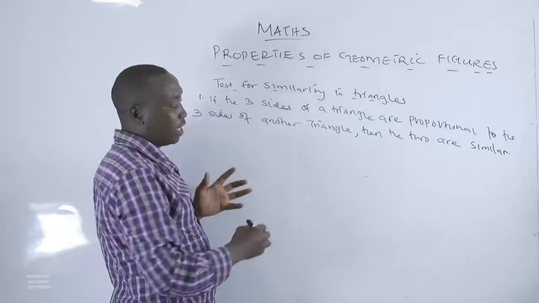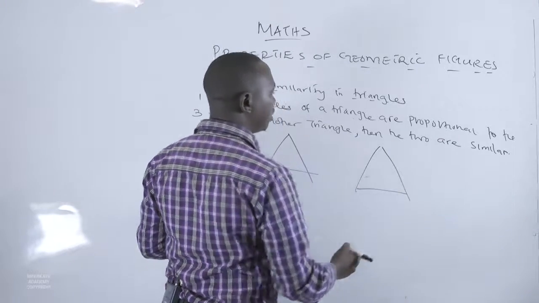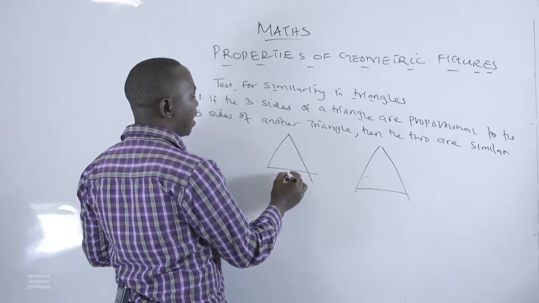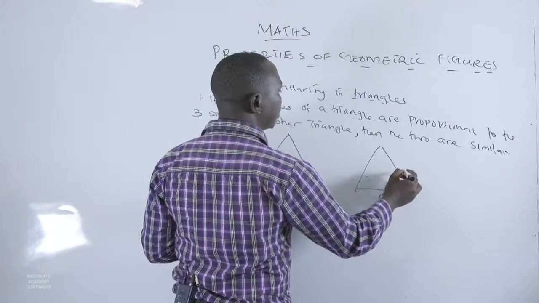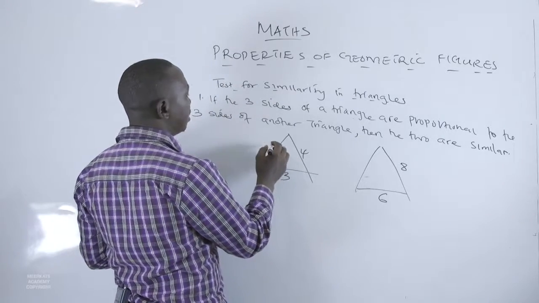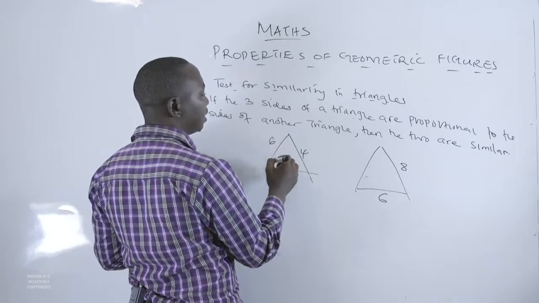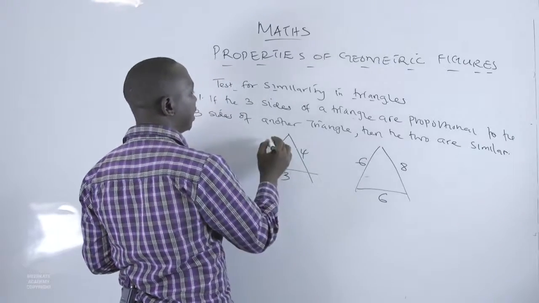So that aspect is that if you have two triangles, maybe this is 3 units, that is 6, this is 8 units, this is 4, and this is, let's have it still 6, and this is 3.